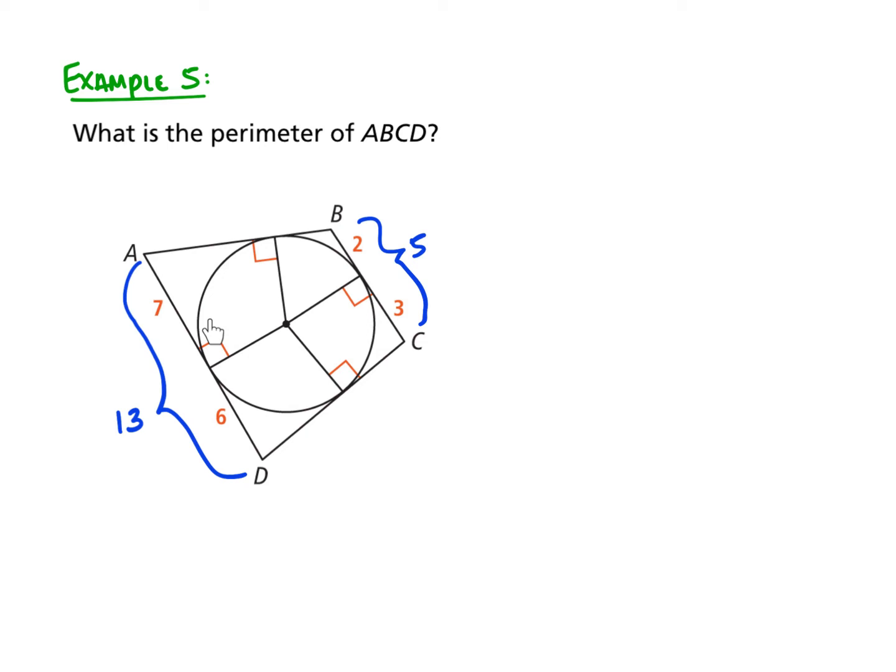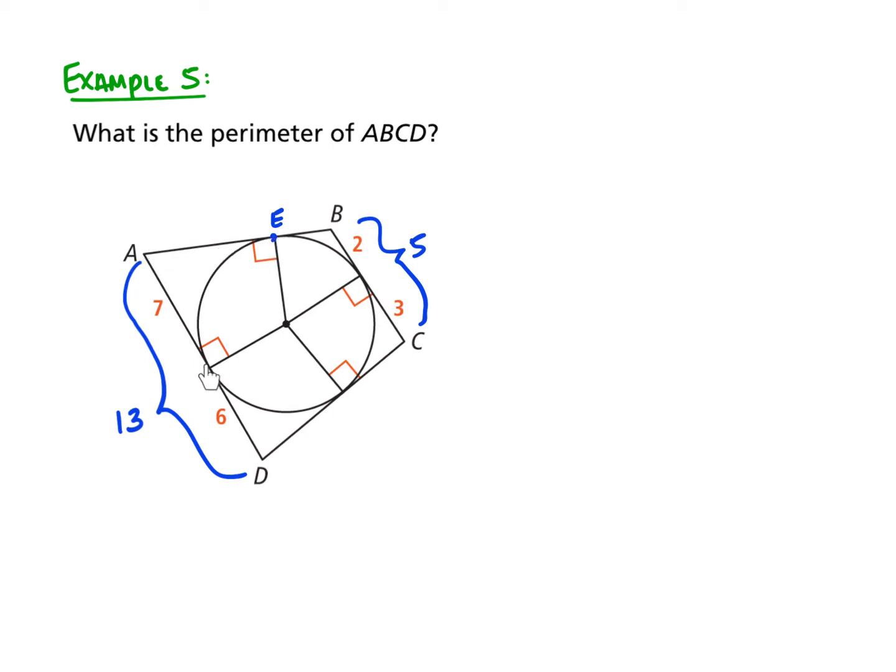But in the picture, I notice that from point A, I have this segment that goes out to this point. Let's label that point as point E. Segment AE is perpendicular to this radius, which would mean that it's a tangent.